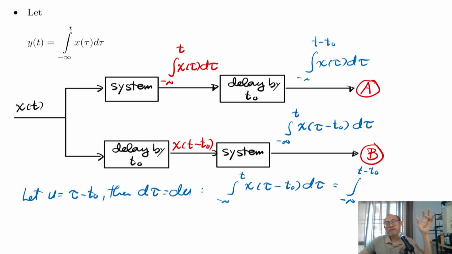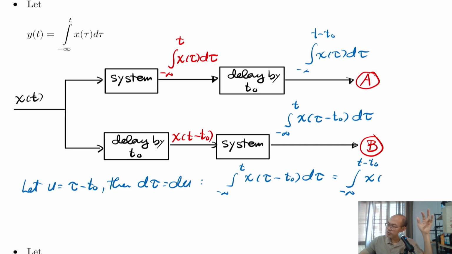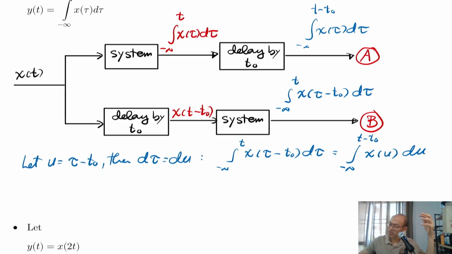I'm just changing variables here. And then x is x of u, because tau minus t0 is u, and d tau is du. But u is just a dummy variable, I can write it as anything, so I'm just gonna write it as tau.